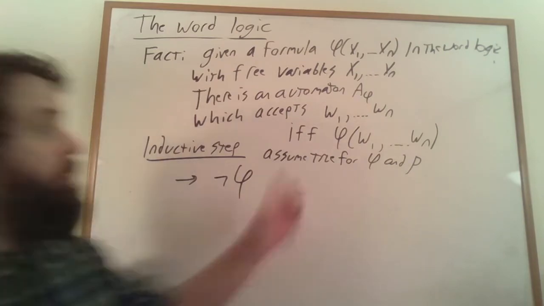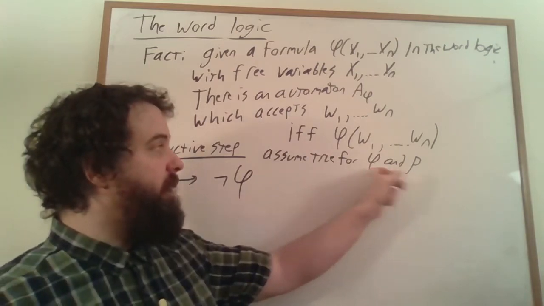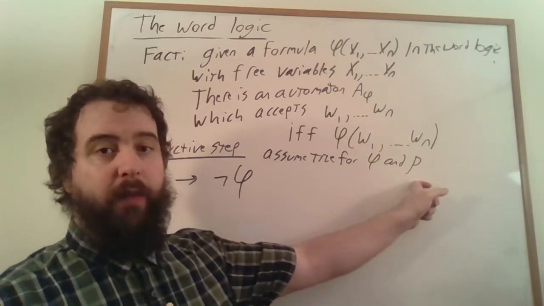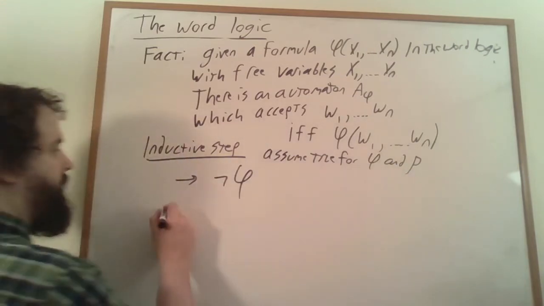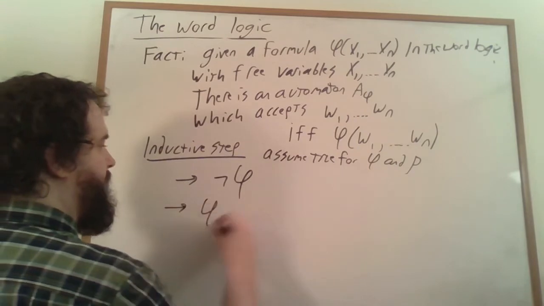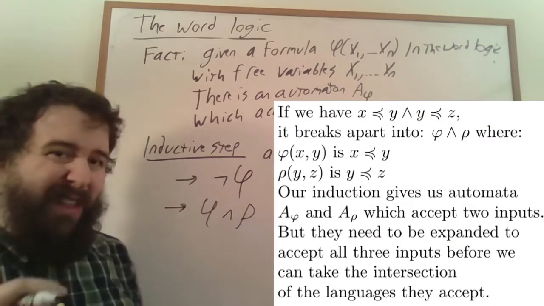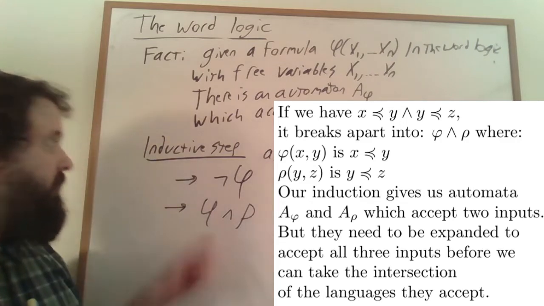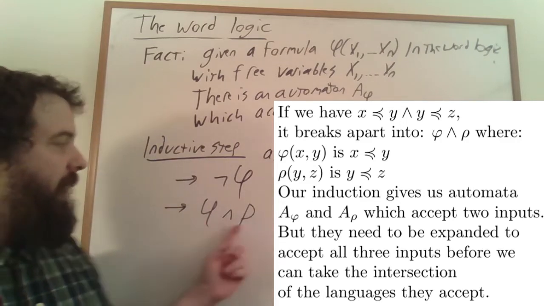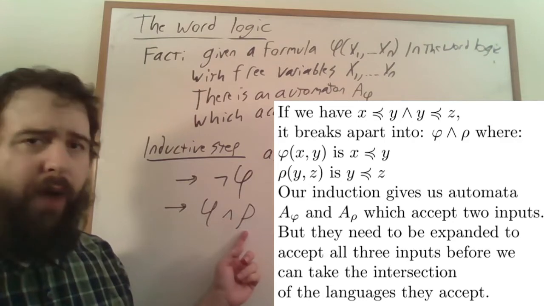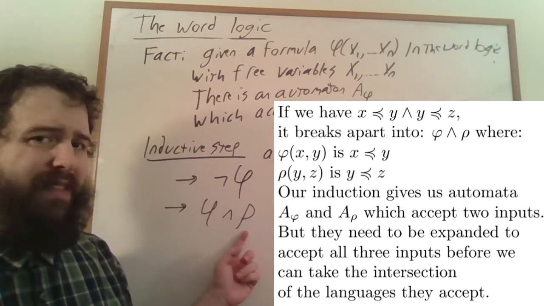Similarly, if we can construct an automaton for the formula phi and an automaton for the formula rho, how do we construct an automaton for the formula phi and rho? Well, this is actually a little bit tricky, because the free variables of phi and the free variables of rho might not actually be the same.